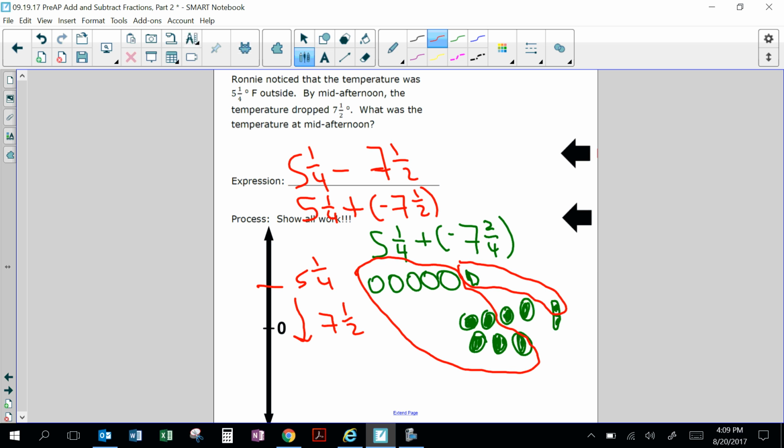So what do we have left? We have -2 and 1/4. What was the temperature at mid-afternoon? -2 and 1/4 degrees Fahrenheit. And that is adding and subtraction of positive and negative numbers.